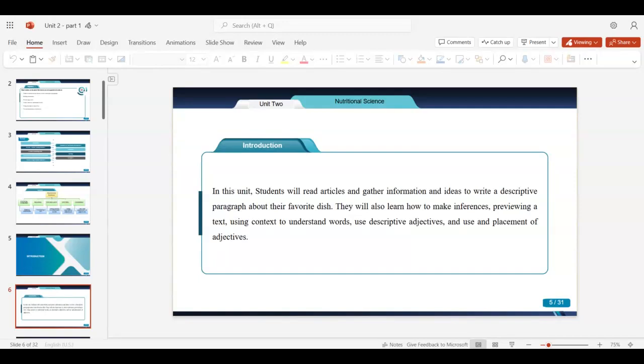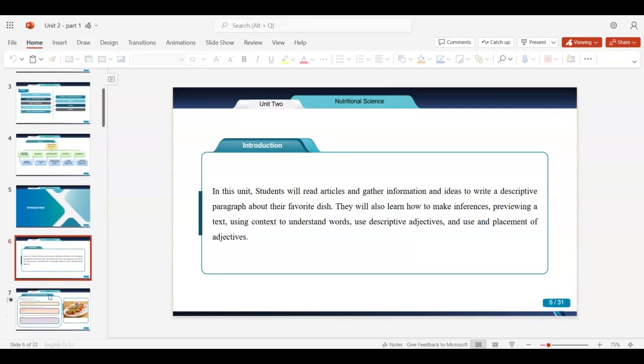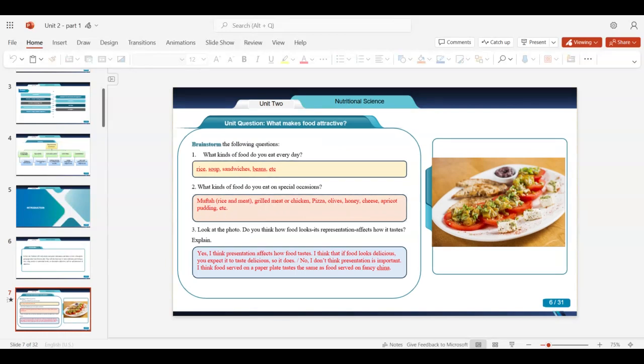You will also learn how to make inferences and preview. And then descriptive adjectives, and how we place a descriptive adjective in a sentence. All these details, inshallah, we are going to discuss in this unit. Today I just give you a little introduction.